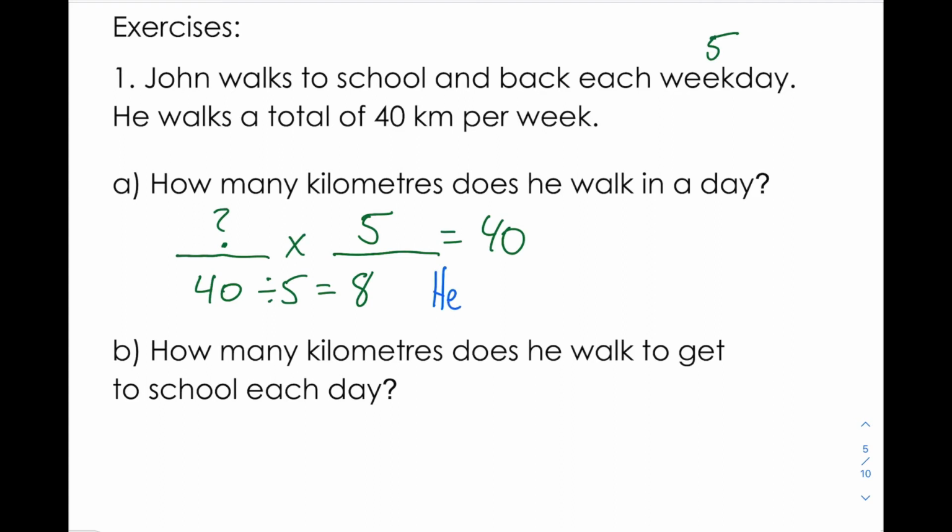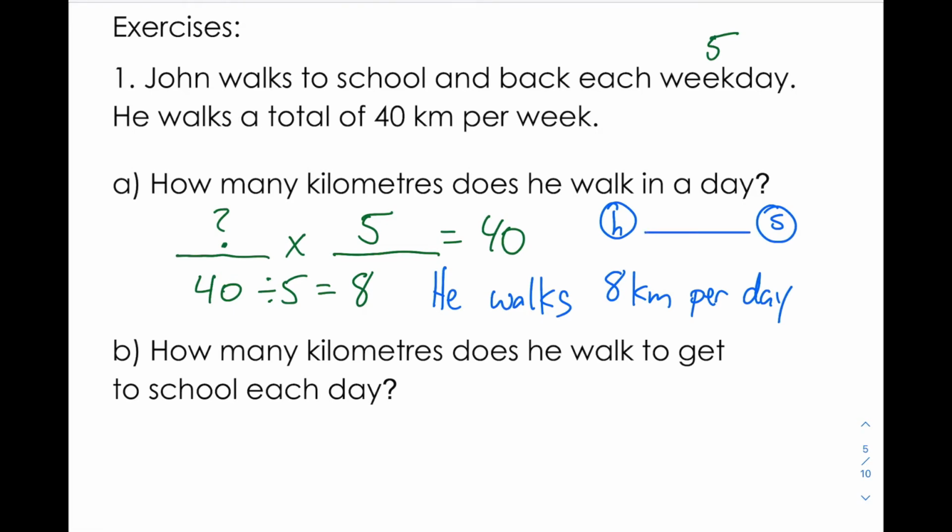He walks 8 kilometers per day. Now we'll put H for home, we'll put S for school. So he goes from home to school, but then he also walks back after school. So that's 8 kilometers altogether.